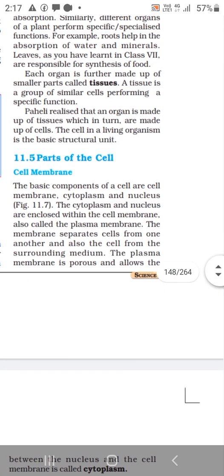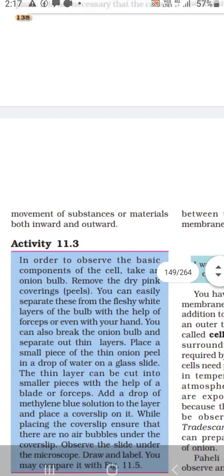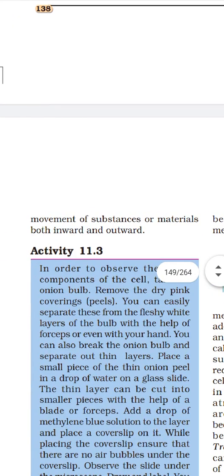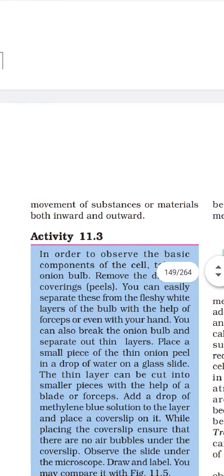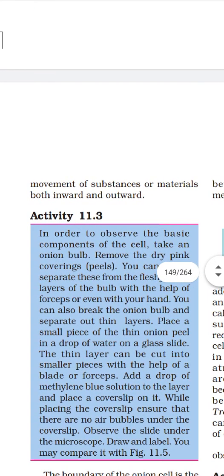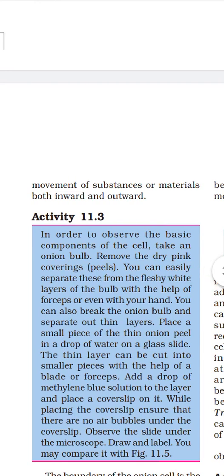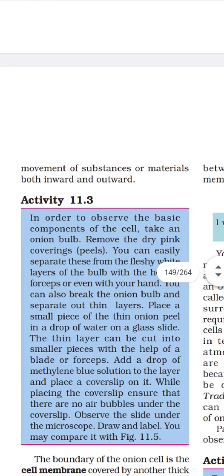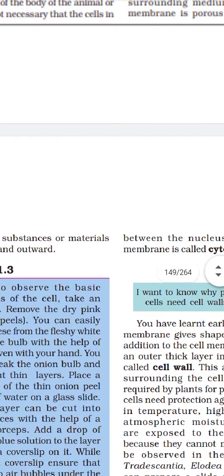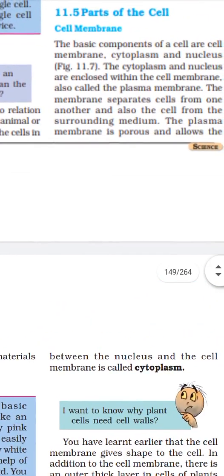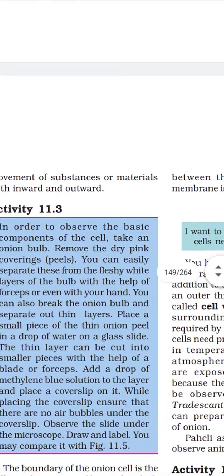The plasma membrane is porous and allows the movement of substances or materials both inward and outward.